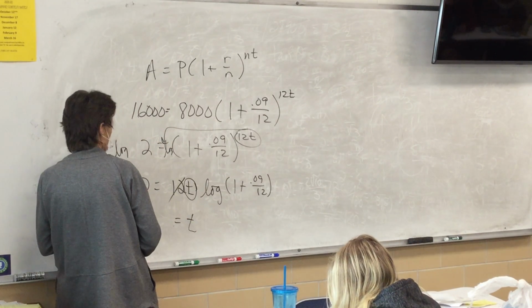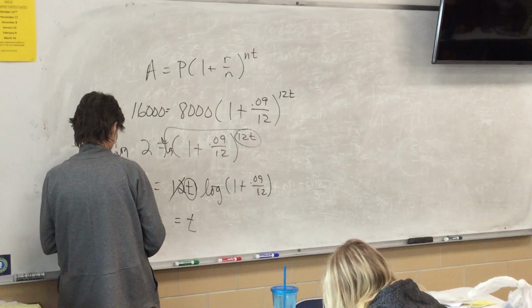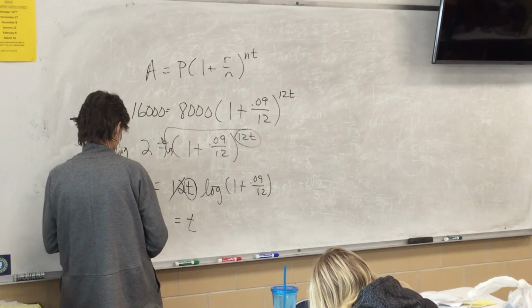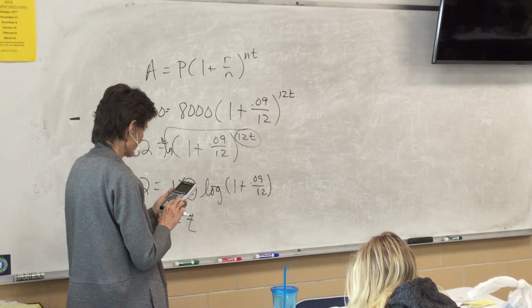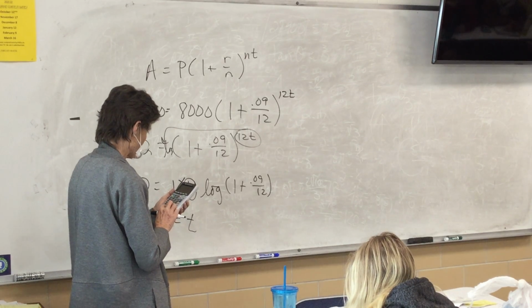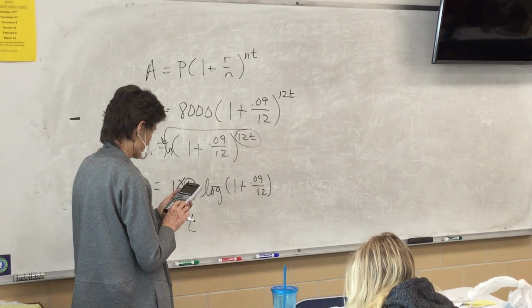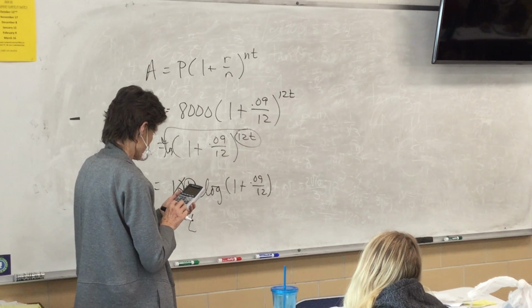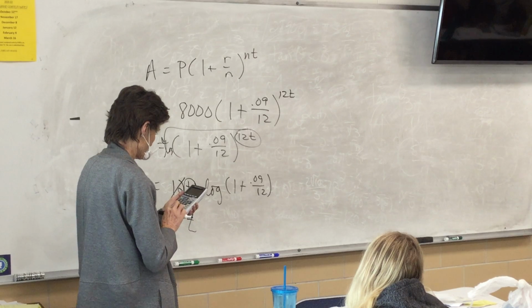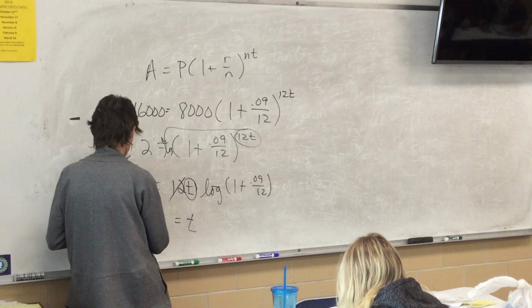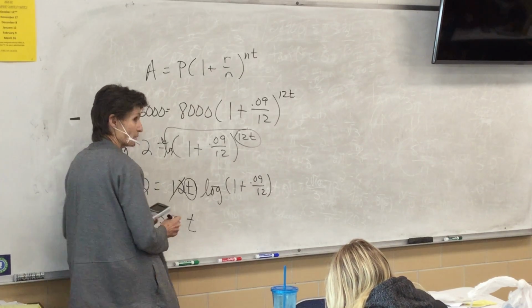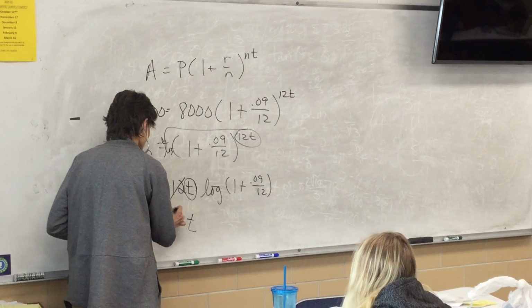What'd you come up with? Wait a minute, let me try again. That's not what I got. Let me try again. Yeah, you're right, 7.73, and that would be years.